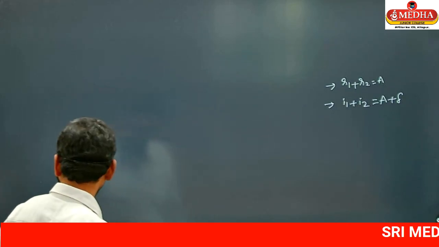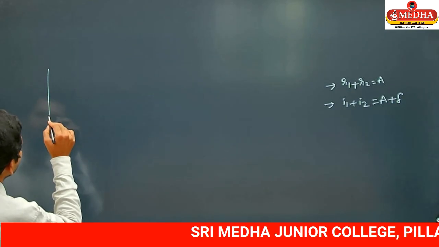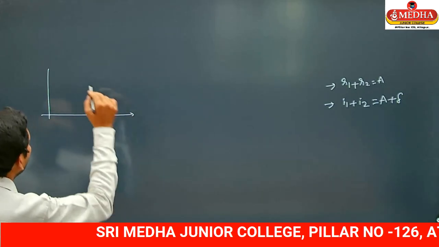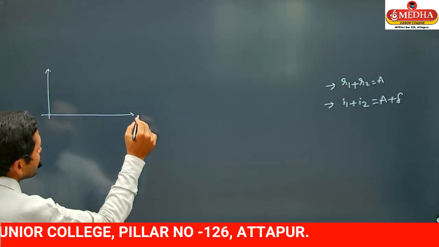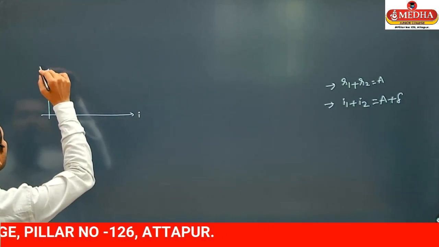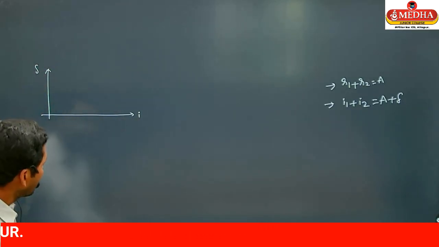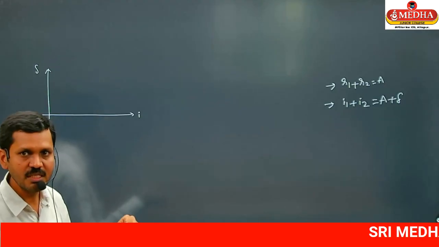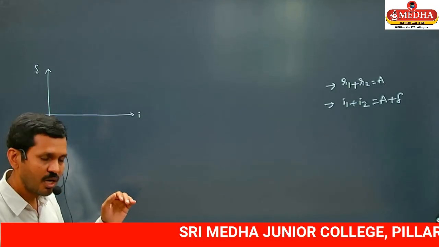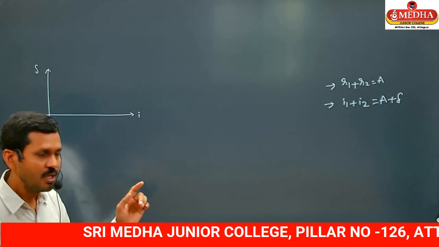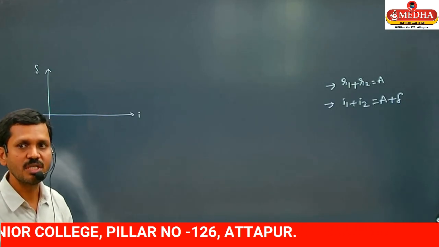Now the graph I am using is between angle of incidence and deviation. On the x-axis I am taking I, and on the y-axis deviation. If the angle of incidence I increases, the deviation starts decreasing. After reaching one minimum value, if I increases, the deviation also starts increasing.